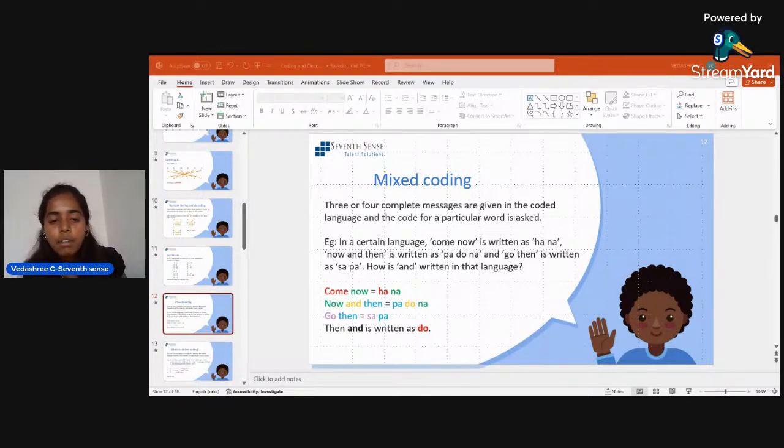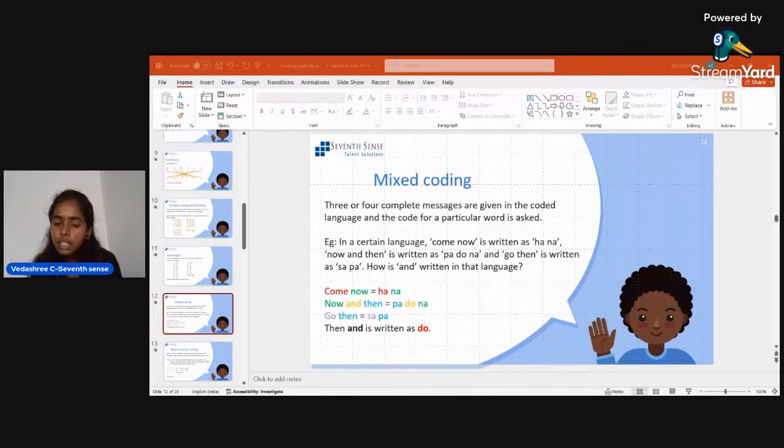So now when you will write all the codes given, that is come now is written as ha and na. Next, now and then is written as pa, do and na. Right? So here na and na is similar. So consider the first series of letters, then second series of letters, that is come now and then.